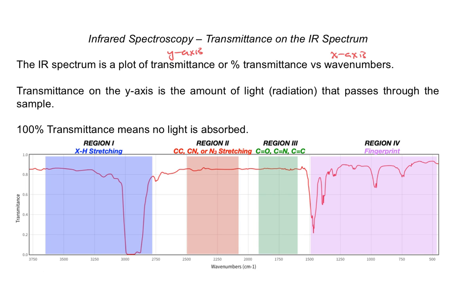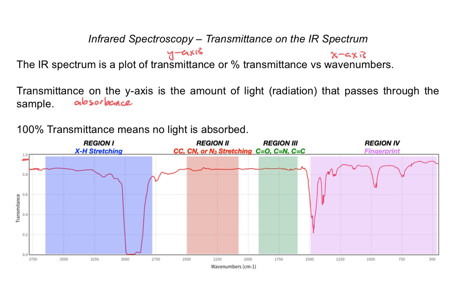So transmittance and absorbance are inverse of one another. So notice this scale just goes to 1. So then we would just say it's transmittance. If it was 100, we would say it's percent transmittance.